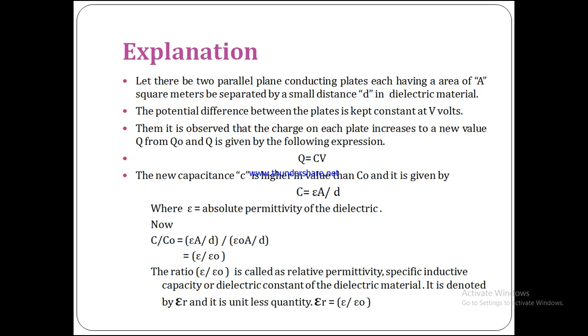The ratio epsilon upon epsilon 0 is called the relative permittivity, or specific inductive capacity, or the dielectric constant of the material, denoted by epsilon r, and it is a unitless quantity where epsilon r is equal to epsilon upon epsilon 0.